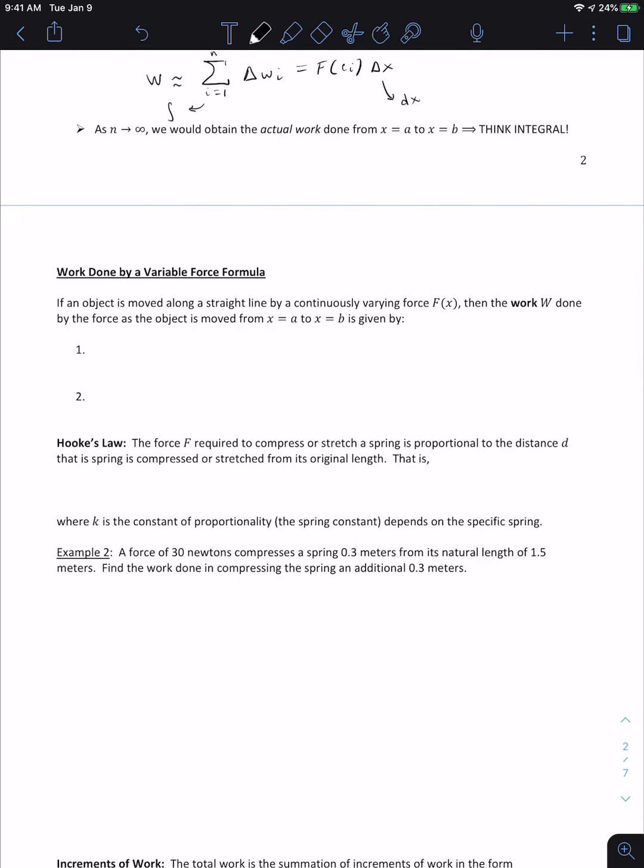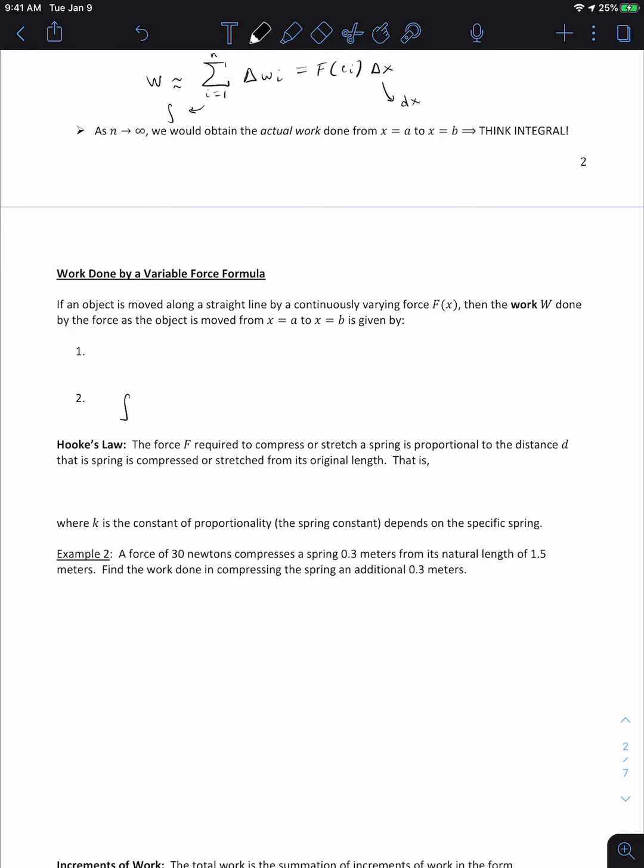And I'm going to write 2 different formulas. I'm actually going to write the second one first. The second one is going to be the one you were expecting. That work is the integral from a to b.